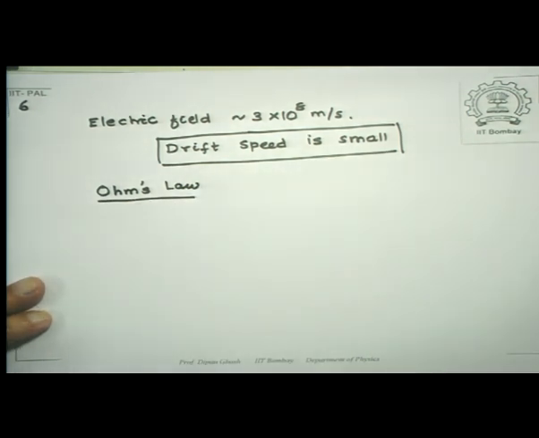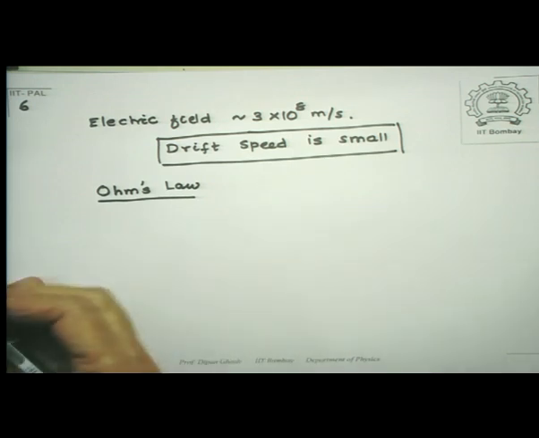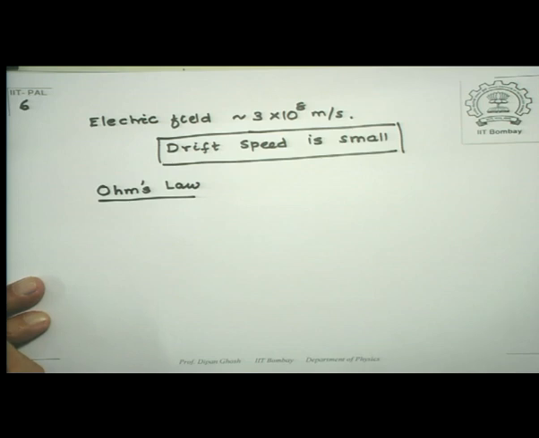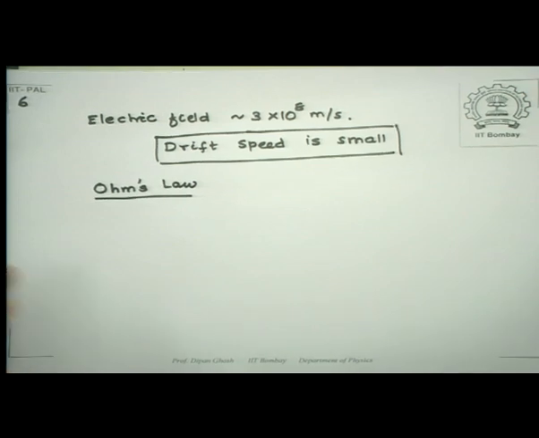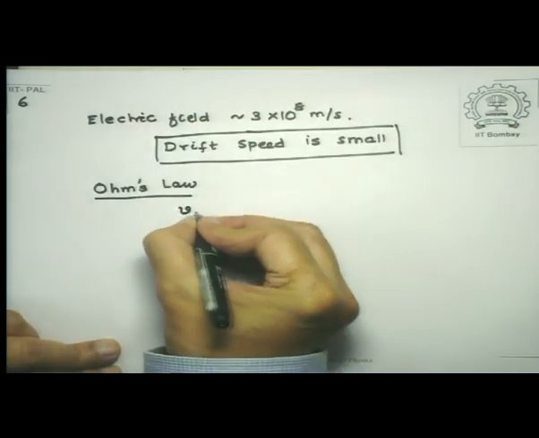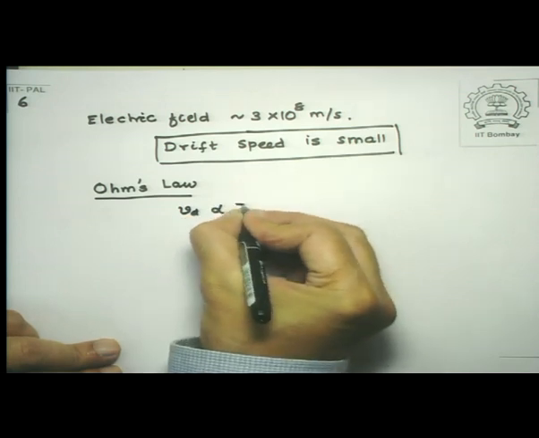Now we know that between successive collisions, the electrons are accelerated by an electric field. Therefore, the drift speed is proportional to the electric field itself.